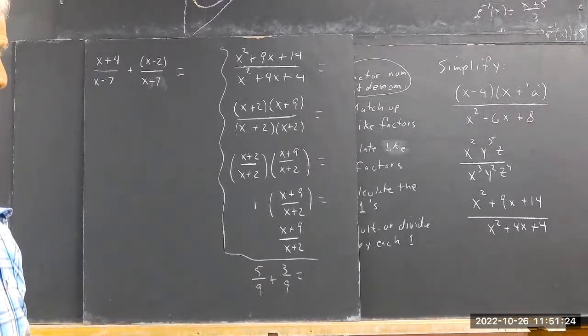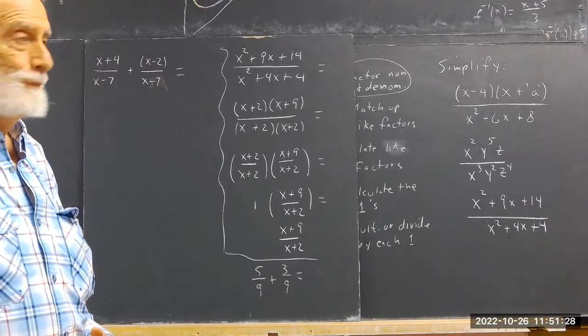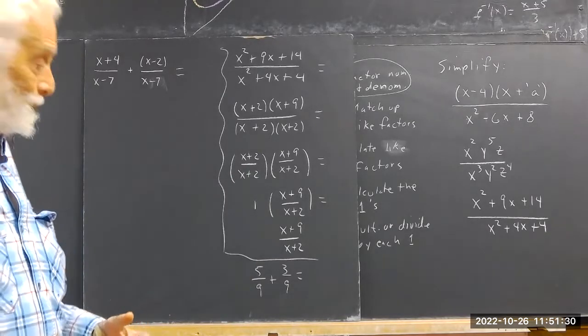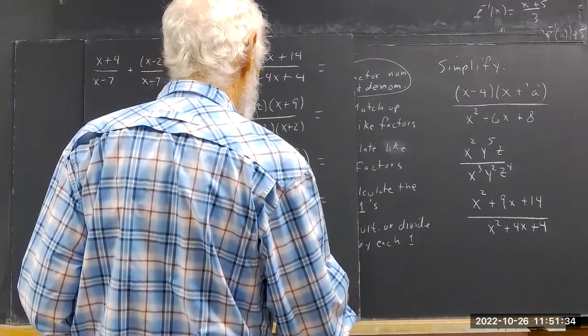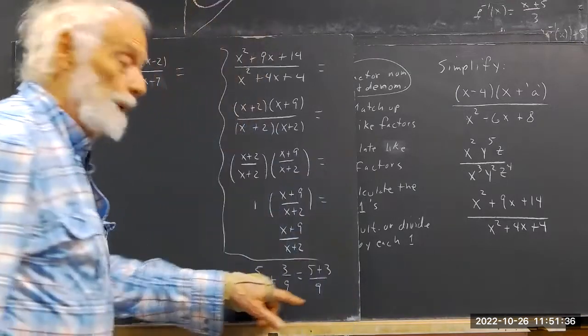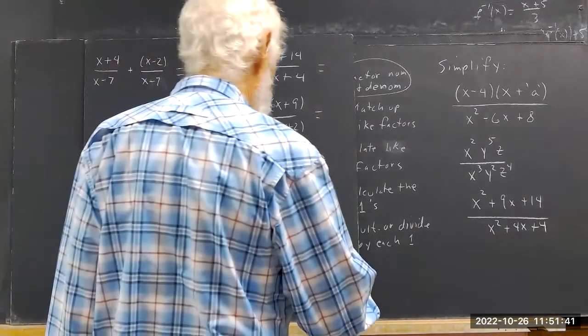Don't say it, but tell me, what's the numerator going to be? Show me your fingers. And everybody got it, right? And that's 5 plus 3 over 9, same denominator. Which is 8 over 9.